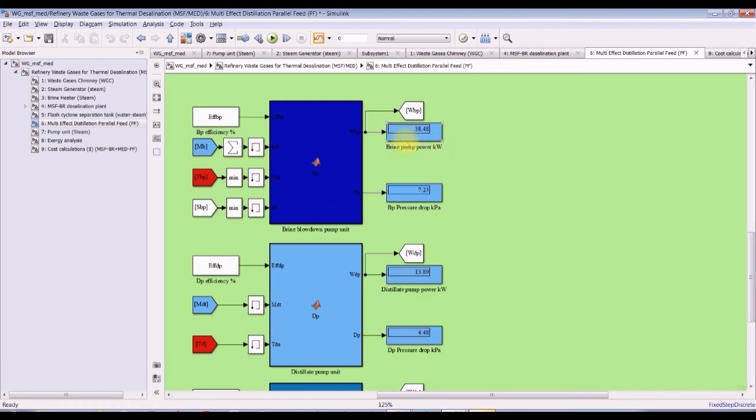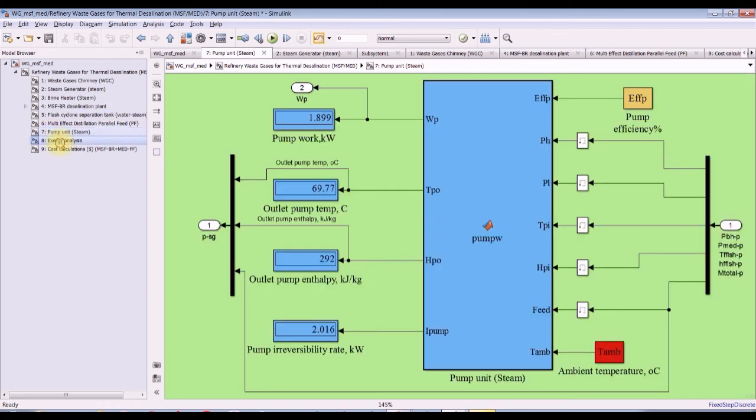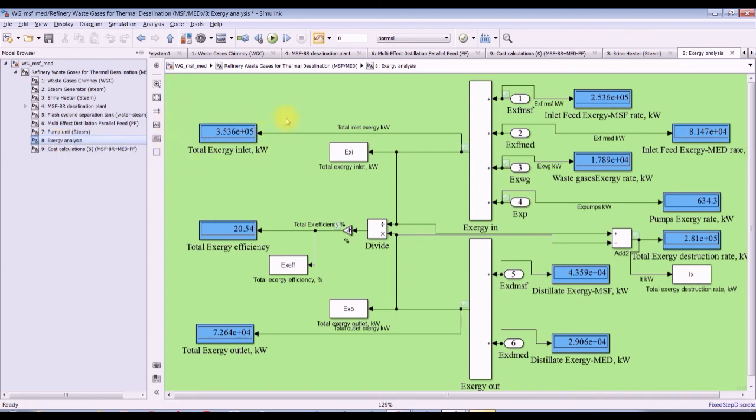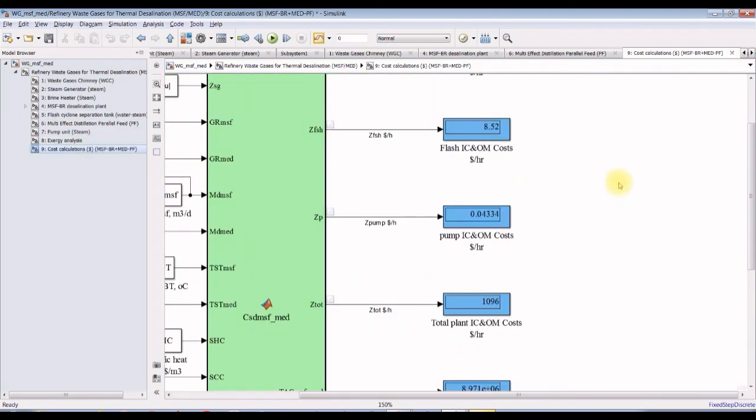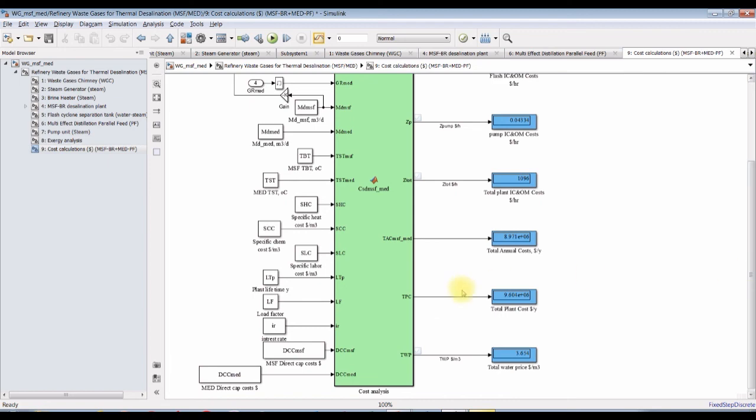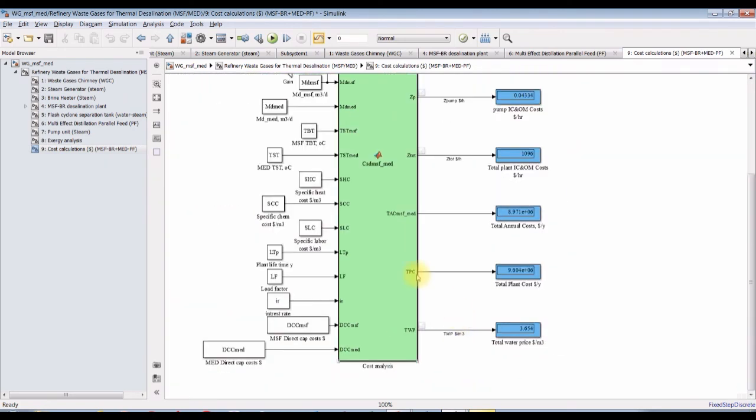The brine pump is going to consume about 38 kilowatts. This pump unit. This is exergetic analysis. Total inlet exergy, total outlet exergy, and this is exergetic efficiency. And this is total exergy destruction rate, and this is pumping exergy. And this is some cost analysis, total water price, and so on.